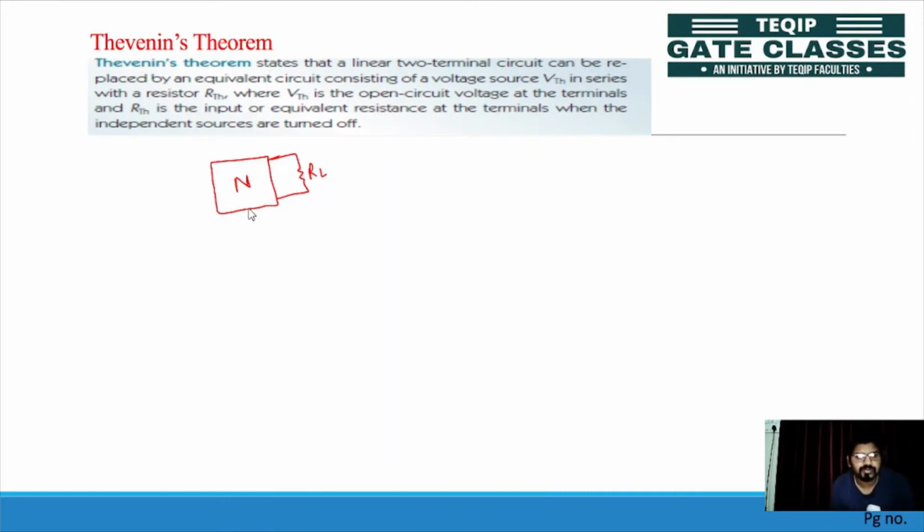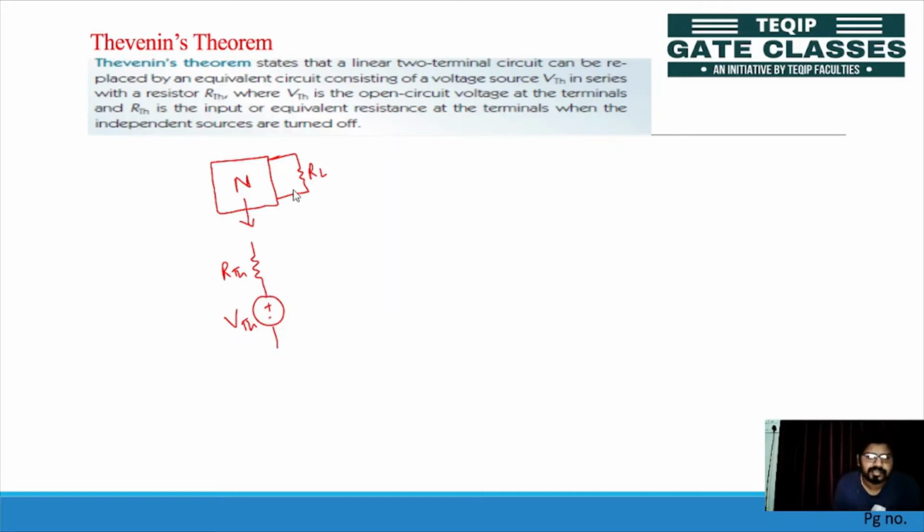So what Thevenin's theorem says, we can replace this network N with an equivalent voltage source VTH with series resistance RTH. So we can replace this complex network N with this equivalent voltage source with series resistance.